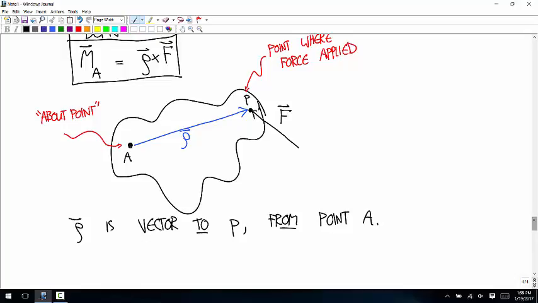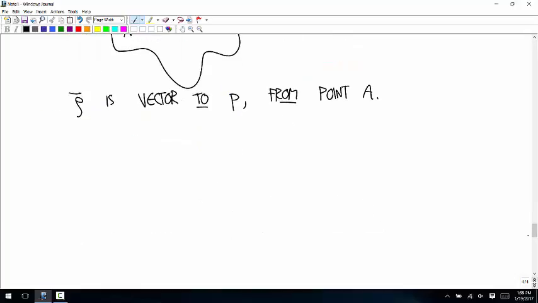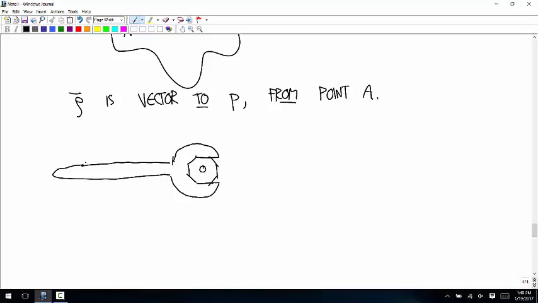And to imagine intuitively what a moment is, think about trying to turn a stuck bolt with a wrench. And two things matter in how successful you're going to be at turning this bolt.